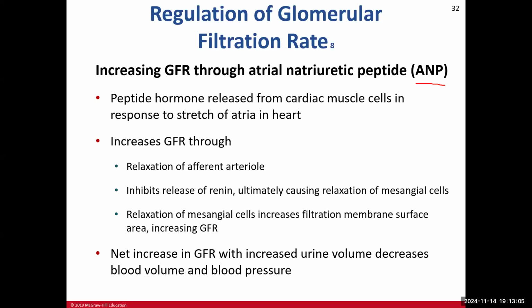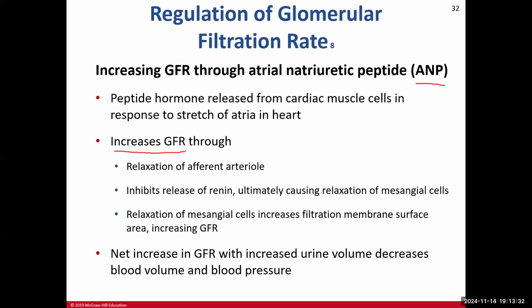You're learning. So here's what it's going to do for our GFR. It's going to increase the GFR, because remember, if we increase GFR, we're going to increase our urine production. If we increase urine production, we're going to decrease blood volume. If we decrease blood volume, we decrease blood pressure. So how does this work?